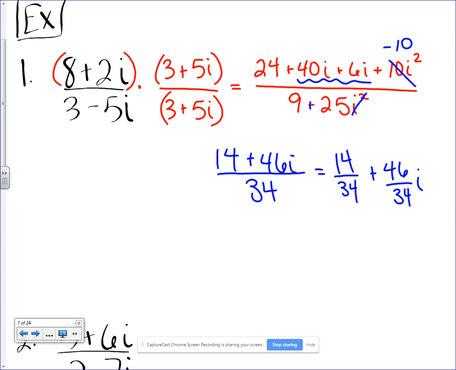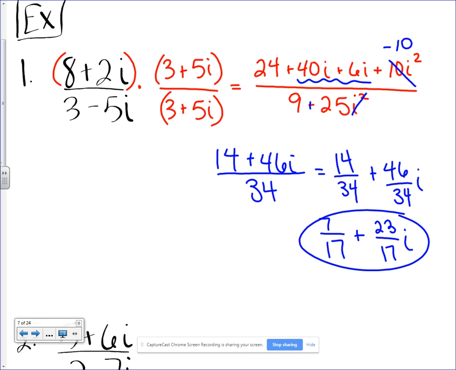First fraction, what can I reduce by? So this will be 7 over 17. Second fraction, what can I reduce by? 2 again, so 23 over 17i. And there we have it.